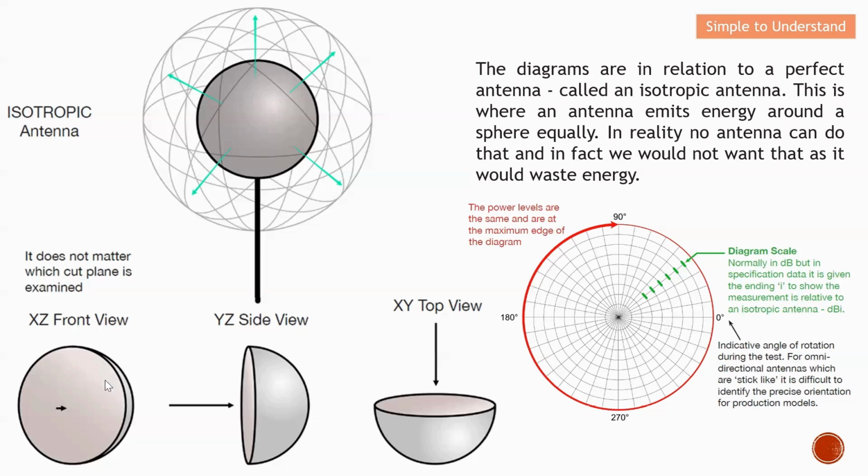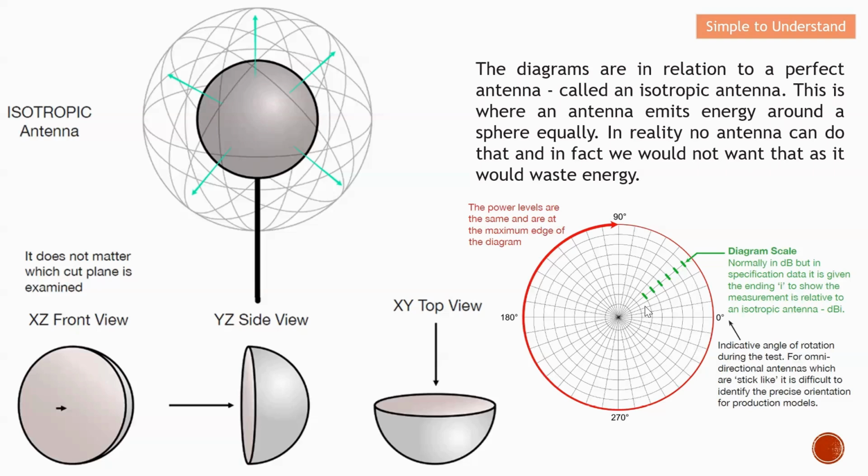Let's understand the radiation pattern. We can take a look at the front view, the side view, and the top view. So this is what we know as the XZ front view, the YZ side view, and the XY top view.